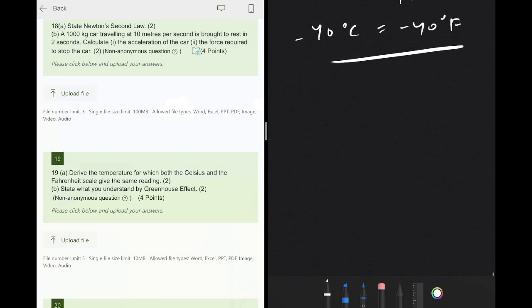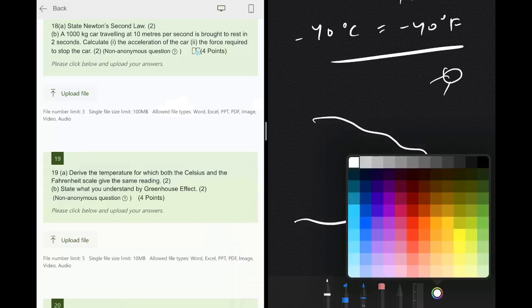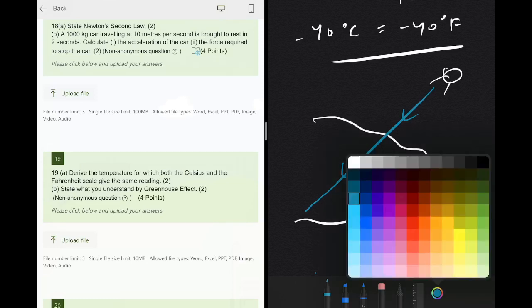So what do you understand by the greenhouse effect? This is our atmosphere. So this is the earth. So this is the sun. Now let's draw blue color for long wavelength radiation. So this radiation is allowed to pass through and it will heat the surface of the earth, which will then again radiate heat back.